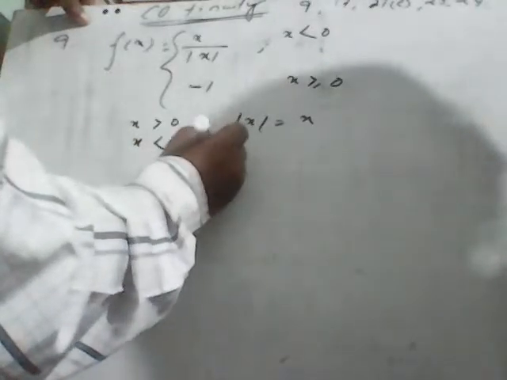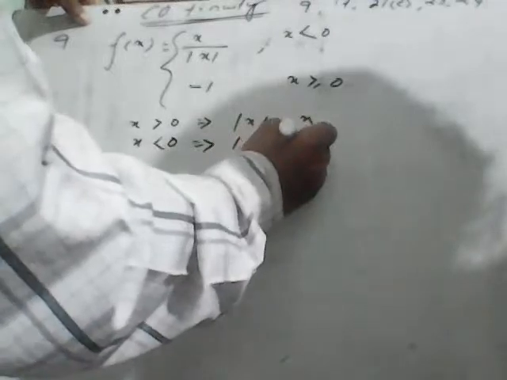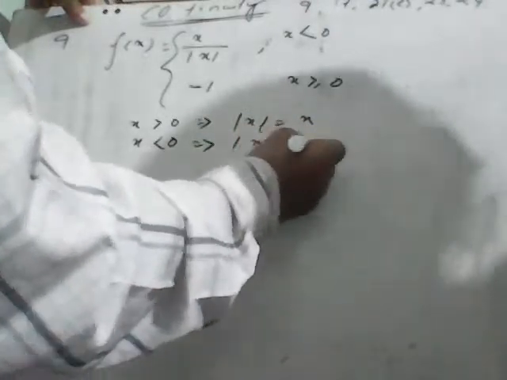First, we'll check left hand limit and right hand limit. Now, when x is greater than 0, modulus of x is x. When x is less than 0, modulus of x is minus x. This is your definition of modulus of x.